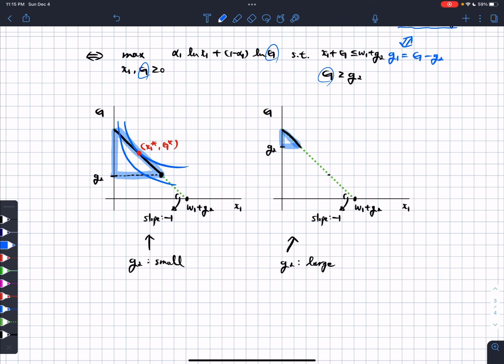Okay, so if I were to draw the same kind of indifference curves, what happens is that the indifference curves are never tangent to the budget line, but rather, let me do it again. So this is one indifference curve.